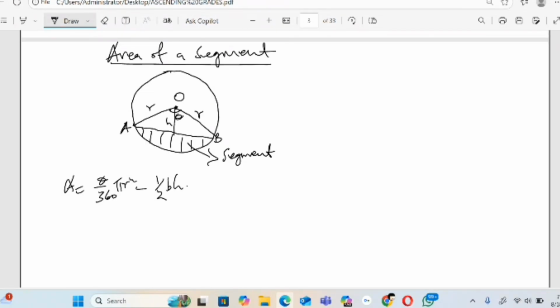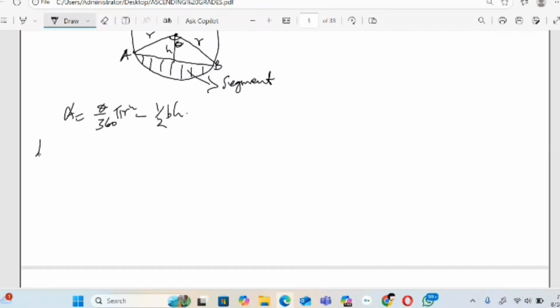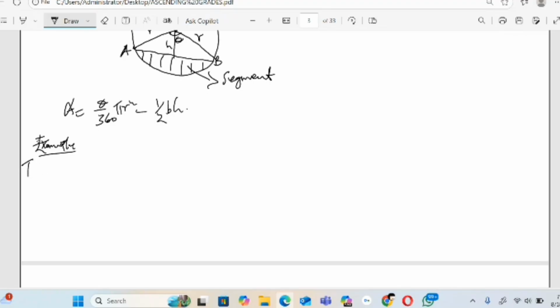Example: the figure below is a circle with center O and radius 5 centimeters.